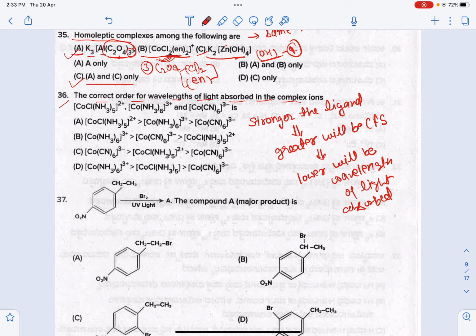That means if the ligand is stronger, then the wavelength will be lower. Now you can see that the stronger the ligand, it is inversely proportional to the wavelength.